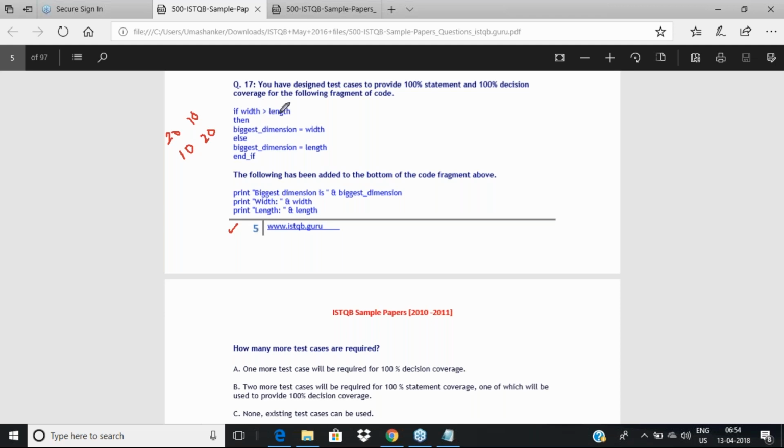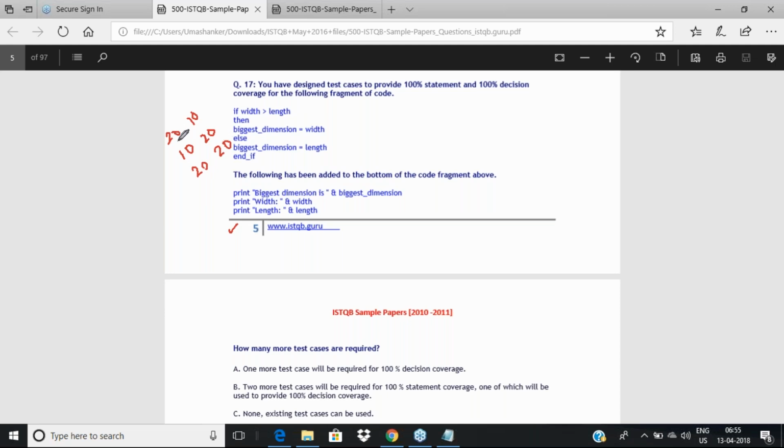Width greater than length will fail. So then you will get the biggest dimension as length instead of the biggest dimension as width. But you also need to test what if width is greater than or equal to length, so maybe you have to take 20 and 20 or 10 and 10.